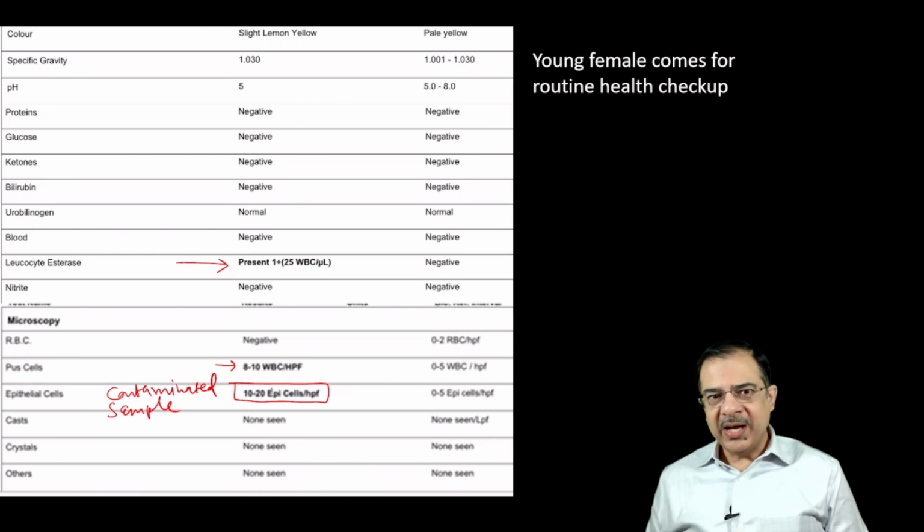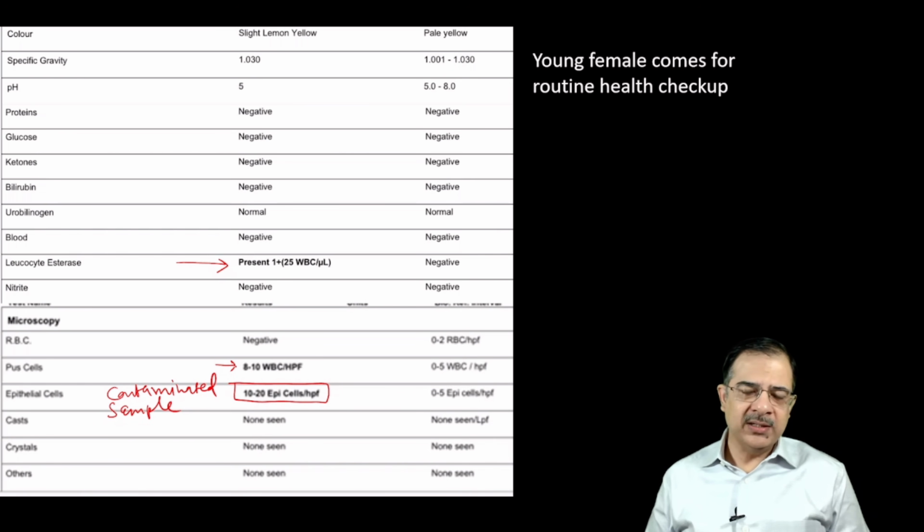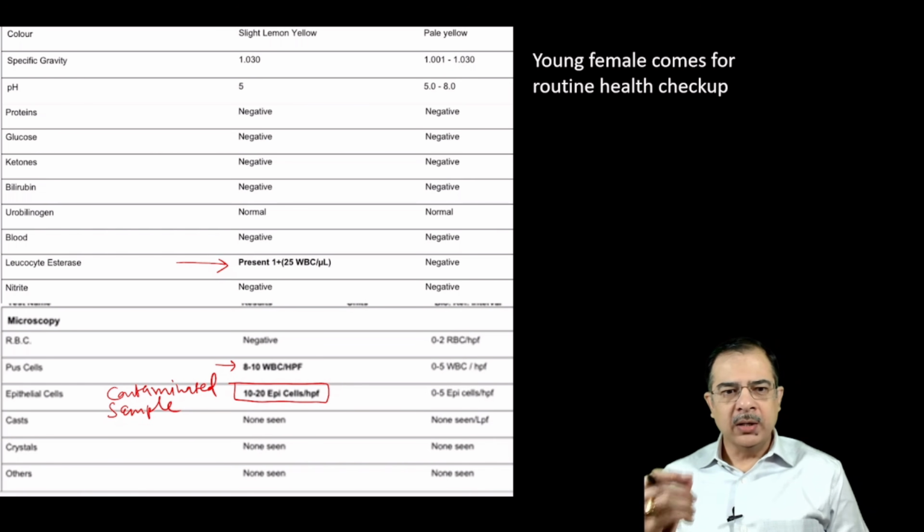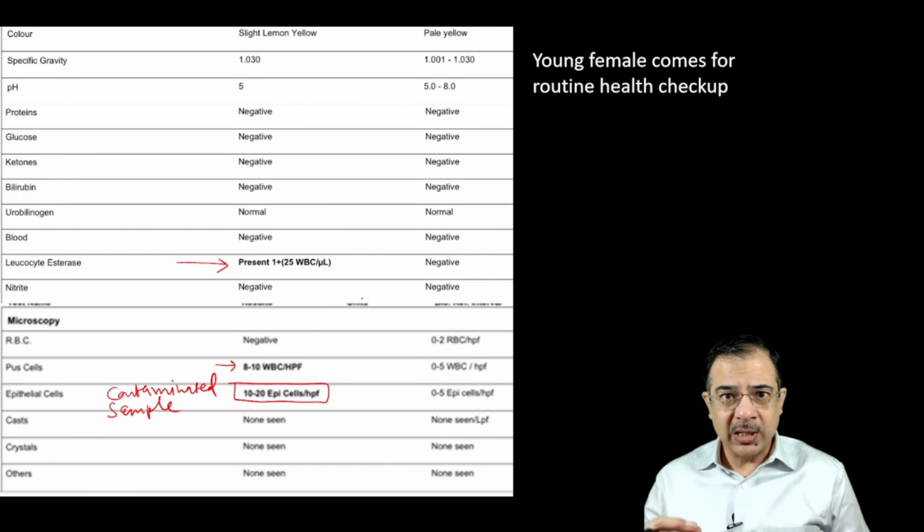So we have to repeat the sample again, and when we did the repeat, it came out to be normal. So whenever you are finding leukocyte esterase and pus cells, instead of going for a culture or advising antibiotics, just look at the epithelial cells. If they are high, it could be a contaminated sample, and the patient was asymptomatic.